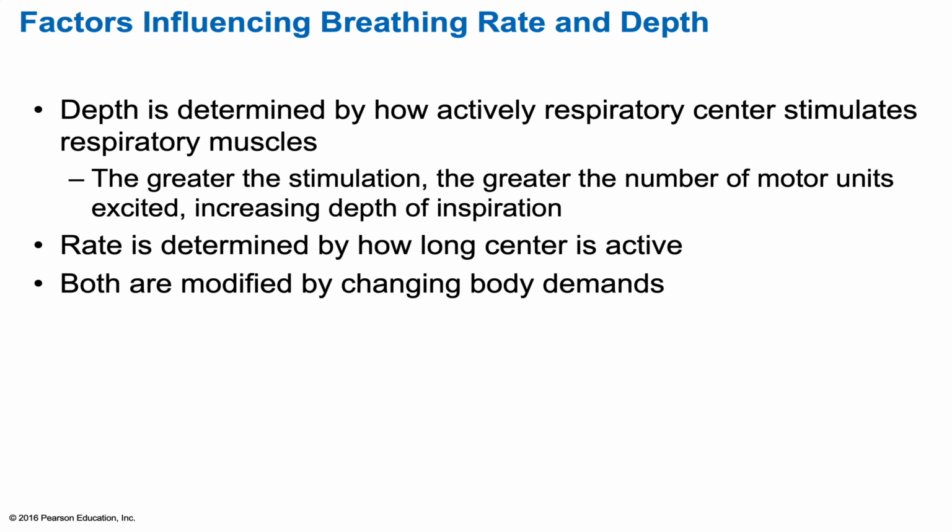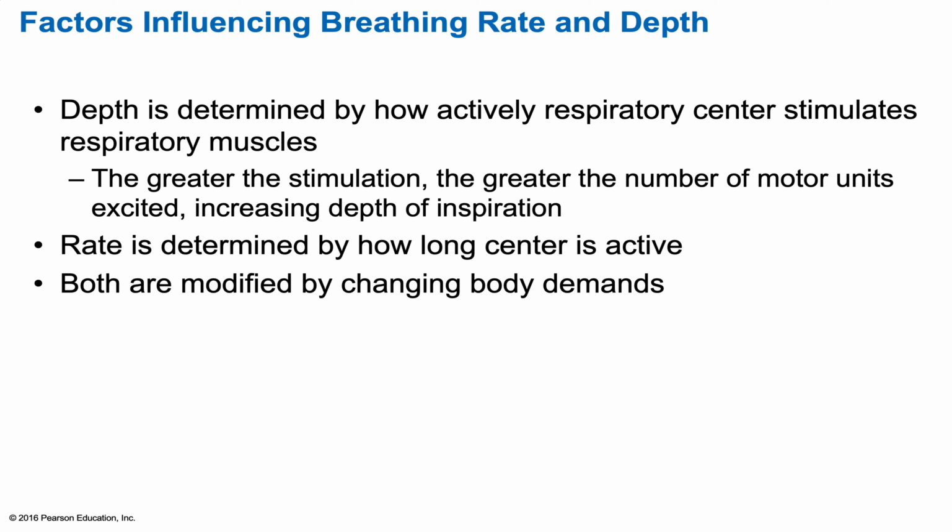Inspiratory depth is determined by how actively the respiratory center stimulates the motor neurons serving the respiratory muscles. The greater the stimulation, the greater the number of motor units excited, and the greater the force of the muscle contractions. The respiratory rate is determined by how long the inspiratory center is active and how quickly it's shut off.